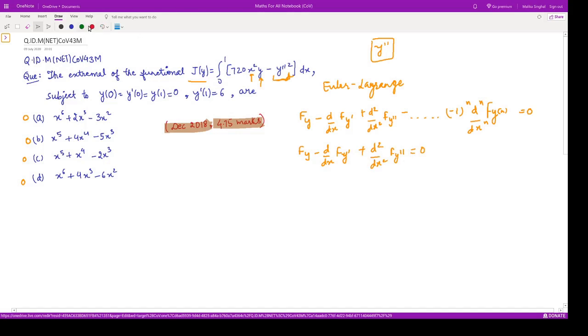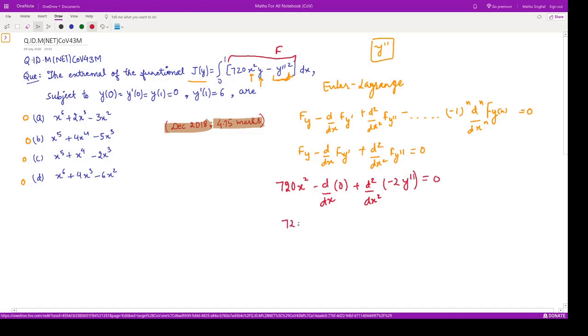So let us solve this equation. In our case this is f. The partial derivative of this f with respect to y would be 720x², minus d/dx of the partial derivative with respect to y', which would be 0, plus d²/dx² of the partial derivative with respect to y'', which would be minus 2y'', is equal to 0. Let us simplify this.